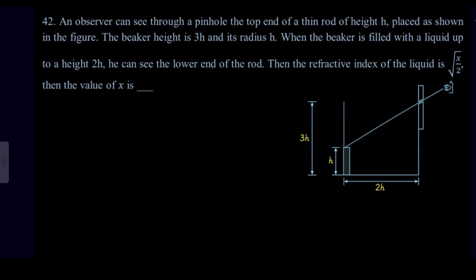The radius is given as h. When the beaker is filled with a liquid up to a height of 2h, he can see the lower end of the rod. Then the refractive index of the liquid is. Understand the problem? Yes. See what you understand. What you understand in this problem, tell me.